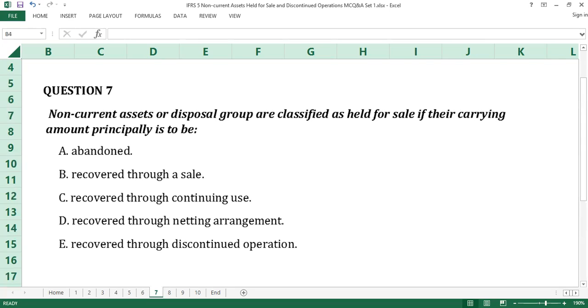Question number 7. The answer to question number 7 is B. Recovered through a sale. An entity classifies non-current assets or a disposal group as held for sale if the carrying amount is to be recovered principally through a sale transaction rather than through continuing use. B is the answer to question number 7.